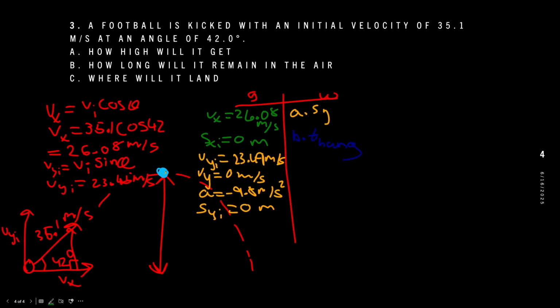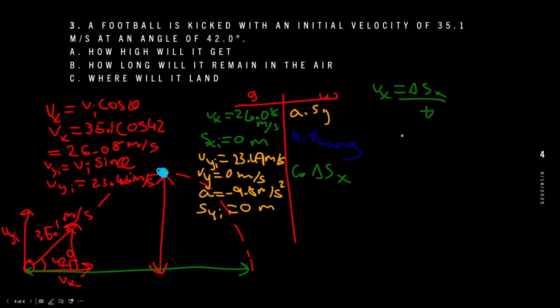And for the last part, where will it land? It's basically asking for the horizontal displacement from this point to all the way here. So we could say it's delta Sx. So we could just use the simple formula Vx equals delta Sx over time.